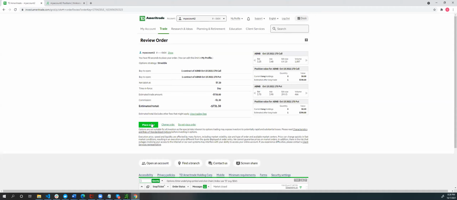Okay. But for any reason, say tomorrow is the Airbnb earnings, right? And you got this straddle, and they just met the analysts' estimates, and it's not moving anywhere, just stuck there. Meaning the value of this straddle is going to go down to say $300, right?